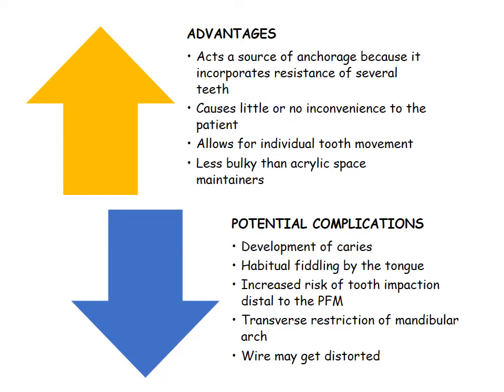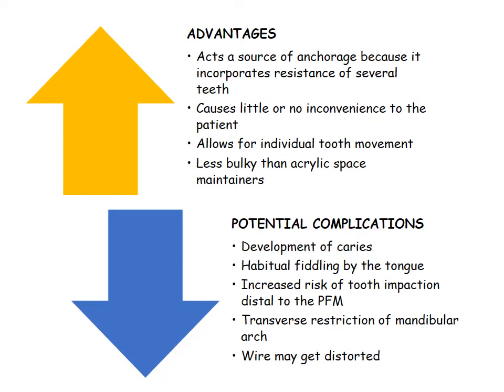So these are the teeth which are providing some amount of anchorage or resistance, and it causes little or no inconvenience to the patient, allows for individual tooth movement, and it is less bulky than the acrylic space maintainers.